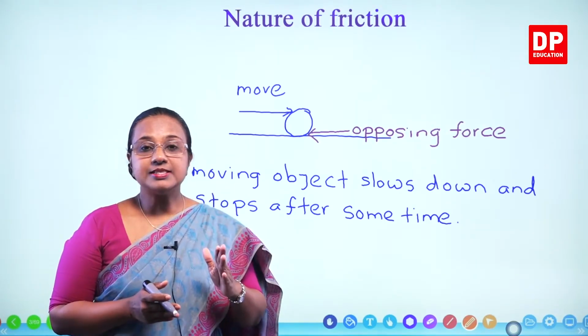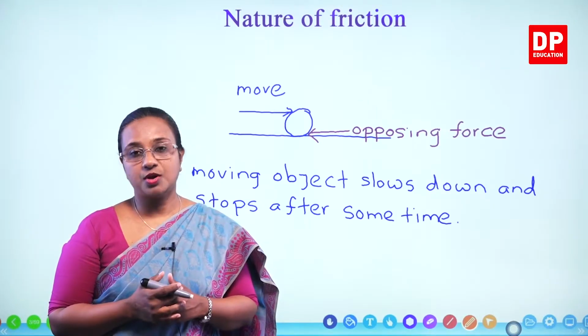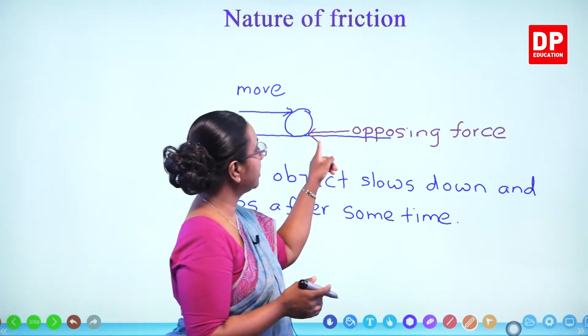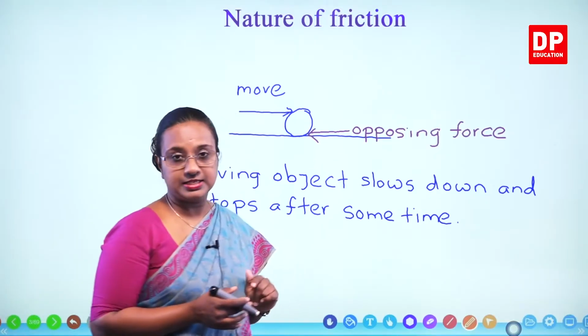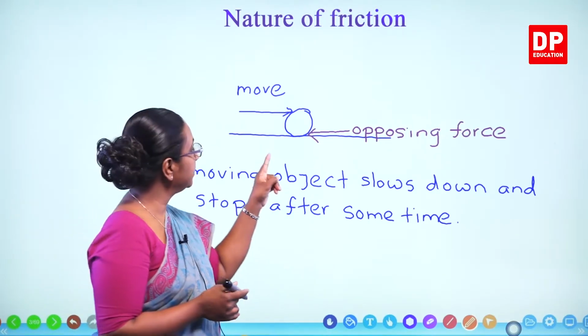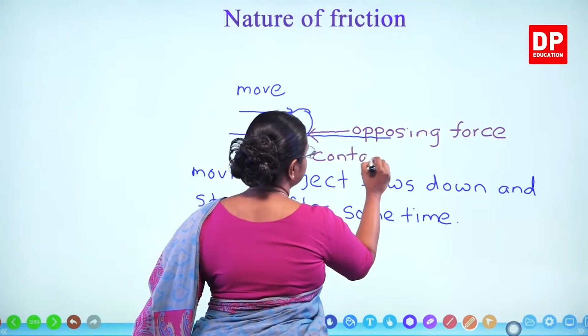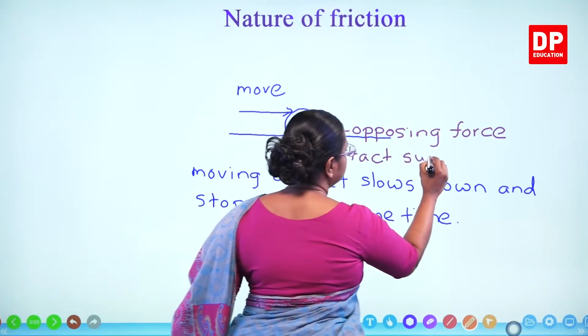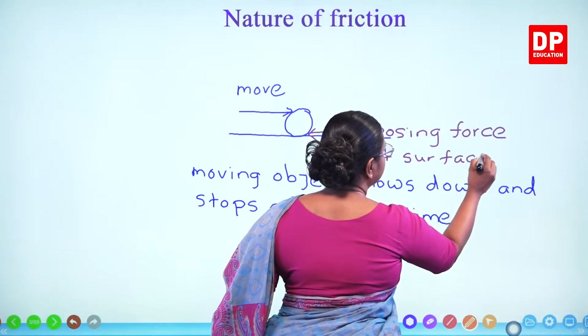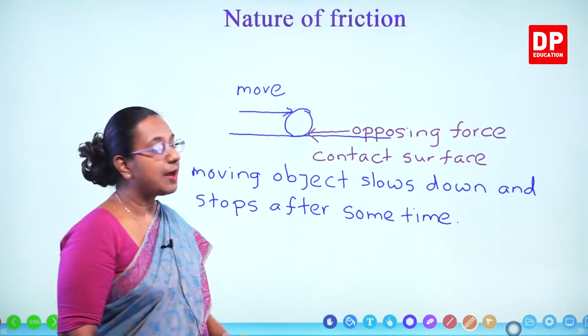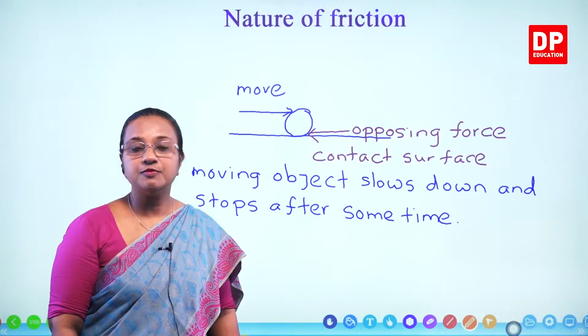So the reason for the stopping of this object is a force that is opposing it. And that force is exerted by the contact surface. The contact surface applies this opposing force.